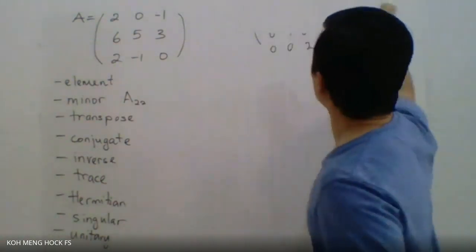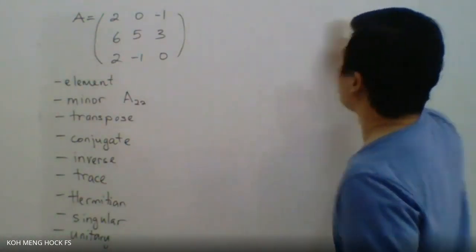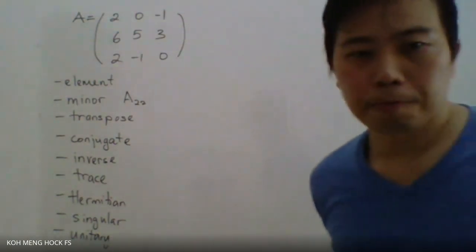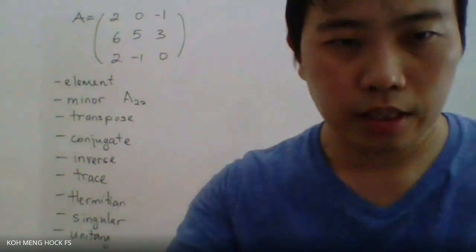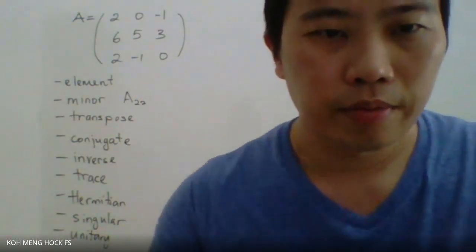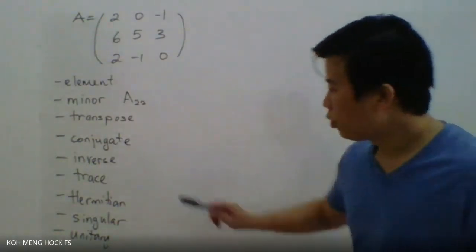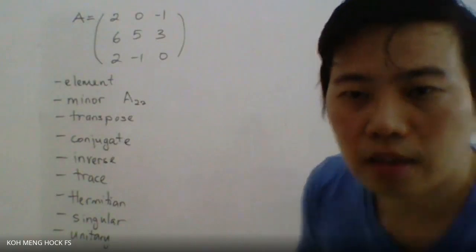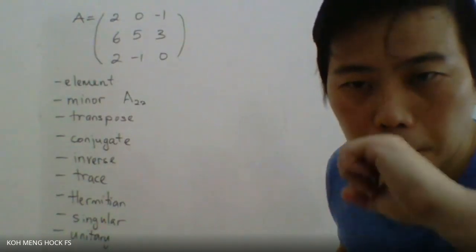Nice, finished. Hermitian matrix, have you heard of a Hermitian matrix? Yes. Hermitian, unitary, singular. Which one have you never heard of? I think you have heard of all of them, right?